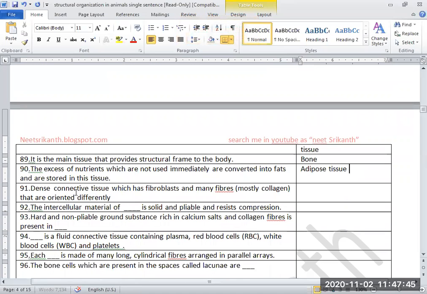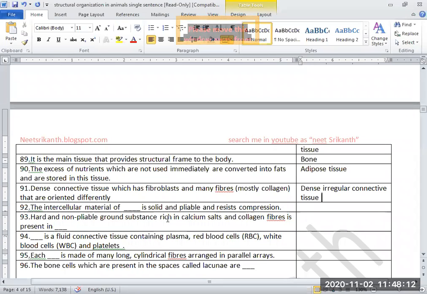Dense connective tissue which has fibroblasts and many fibers, mostly collagen fibers, that are oriented differently, is dense irregular connective tissue. Very good.